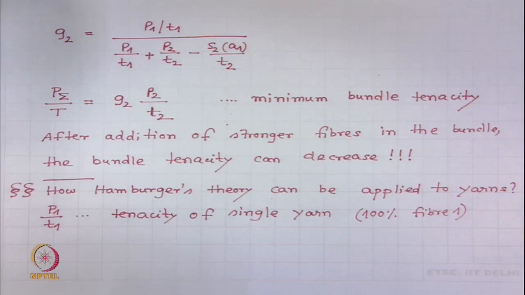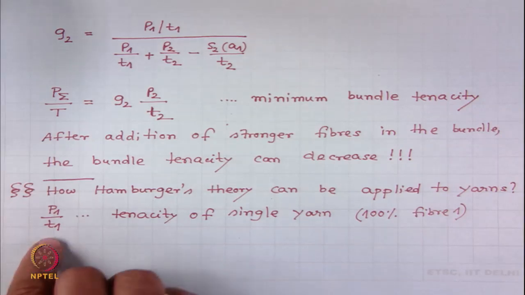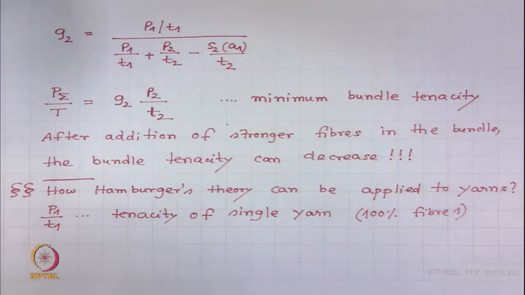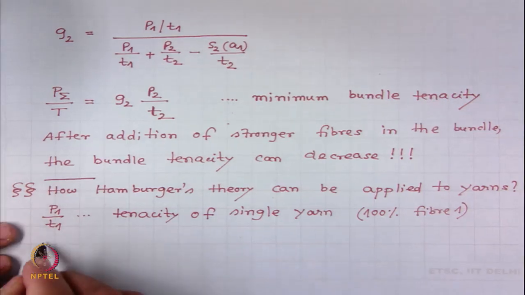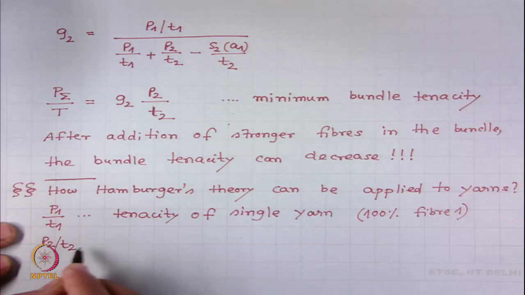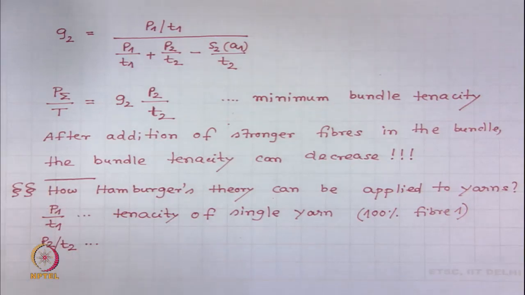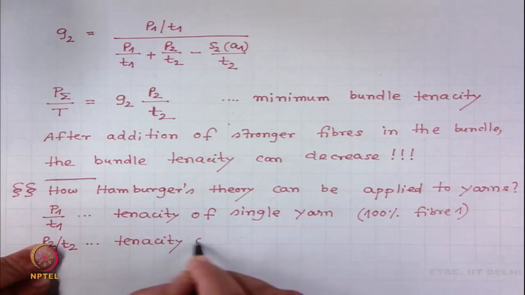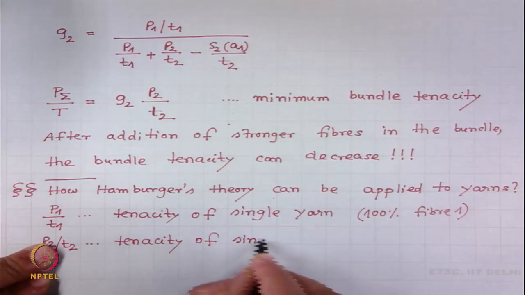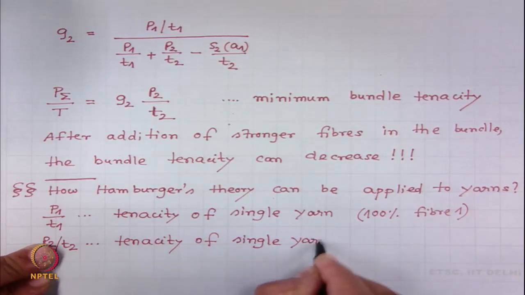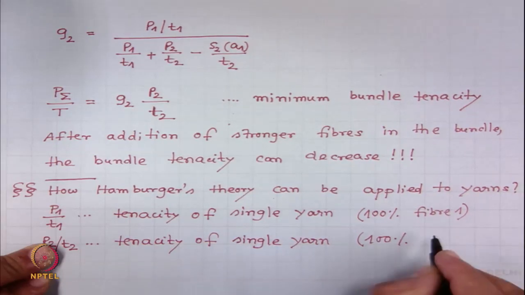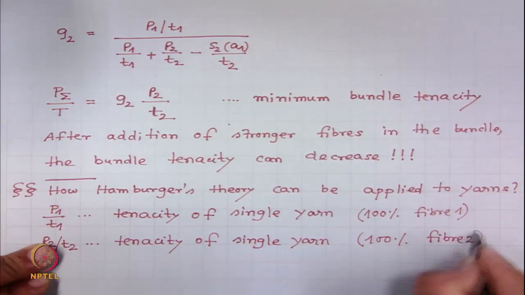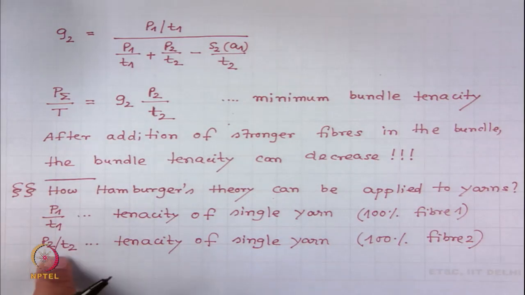So, if the blend is say cotton and polyester, this means tenacity of 100% cotton yarn. Similarly, P2 by T2 will be the tenacity of single yarn, but 100% fiber type 2. So, P2 by T2 will be the tenacity of 100% polyester fiber yarn.